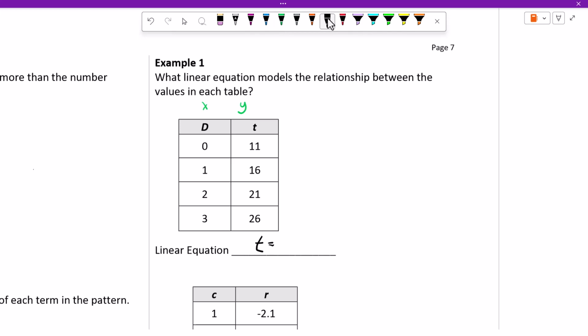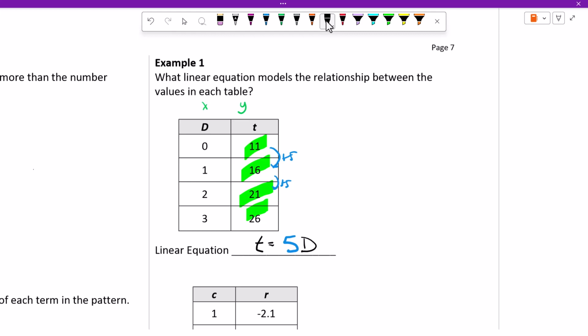T equals. Okay. Then you look at the pattern. What's the pattern here? Plus 5. Good. Each time. So 5, not N, but D this time. 5D. Because this side's called a D this time.